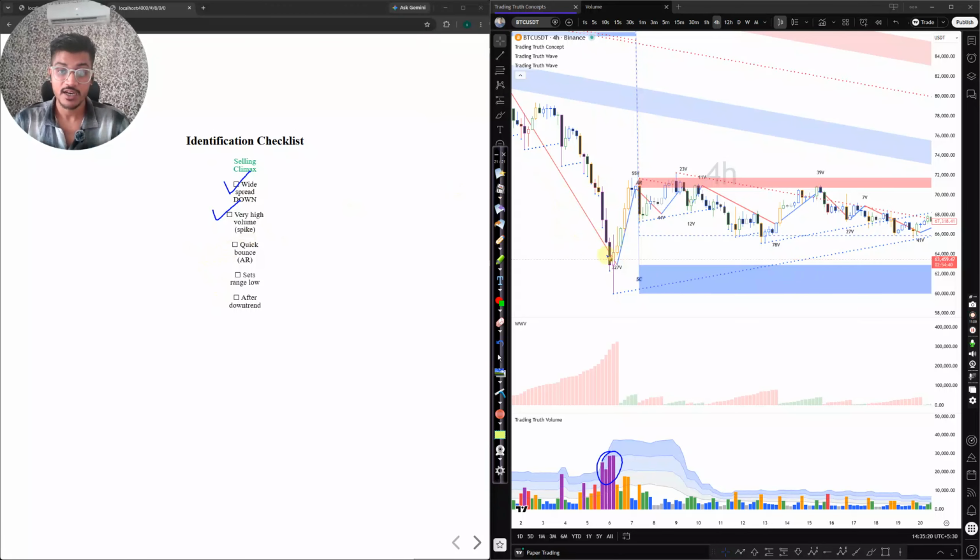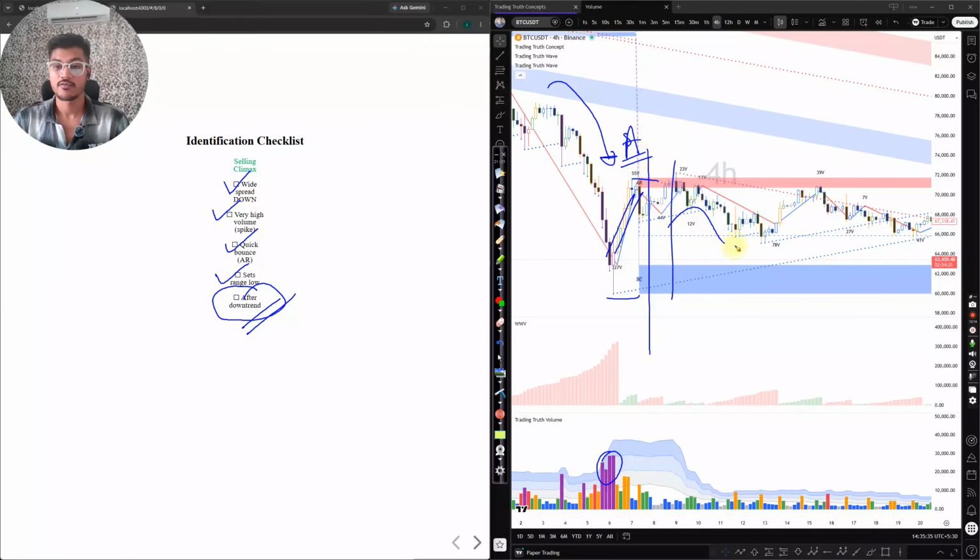If you see a quick bounce, the AR, again, check it off. It sets range low and high, and this happens after a downtrend. Well, you figured out that this was your stopping action, Phase A. Now wait for the accumulation to build up, and when this sort of event happens, boom, you're taking a trade here, here, and here.